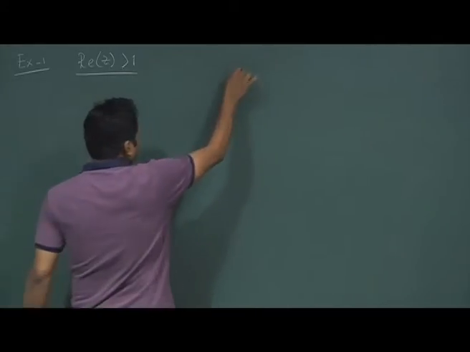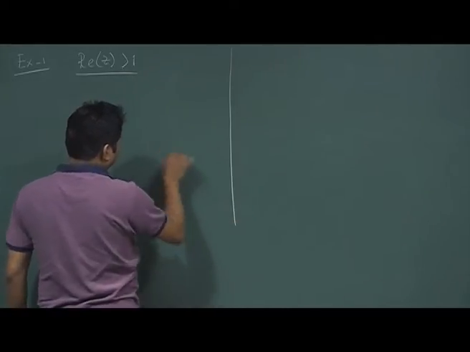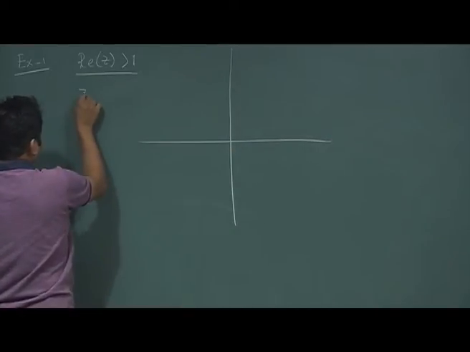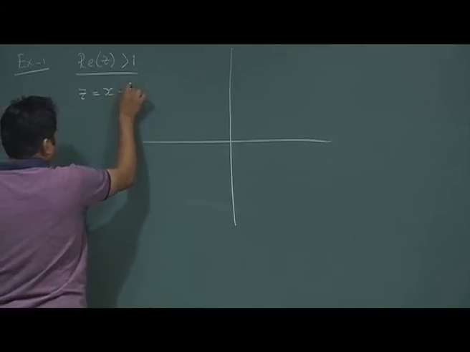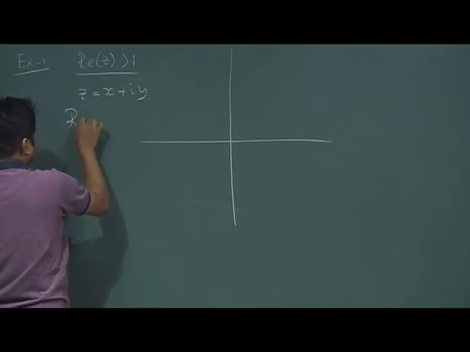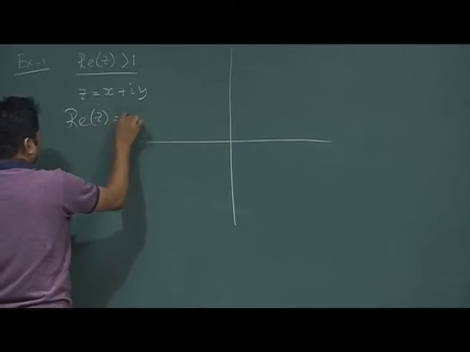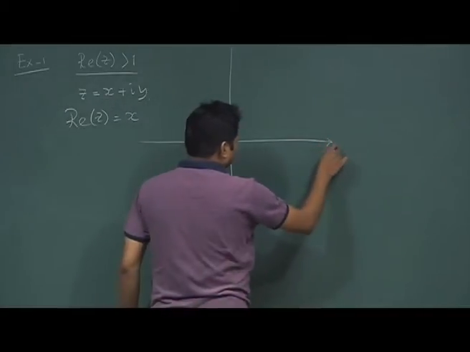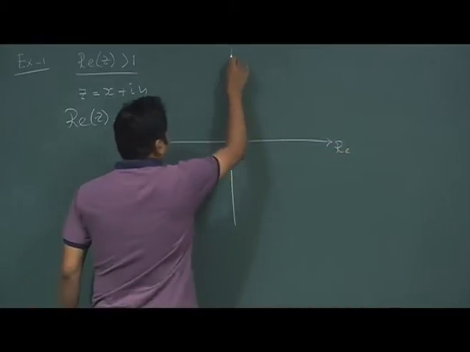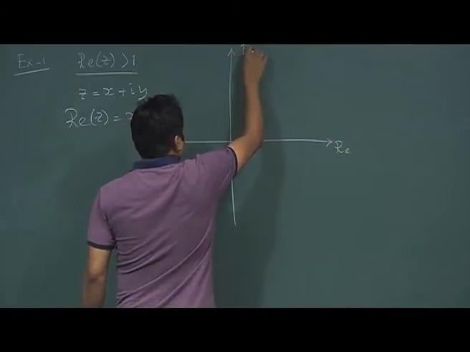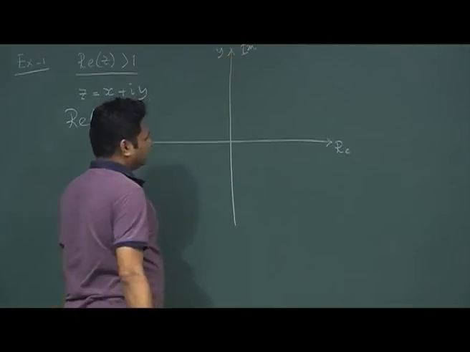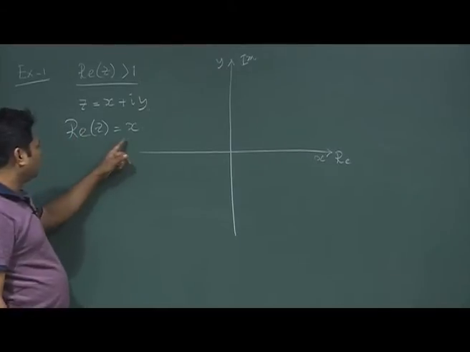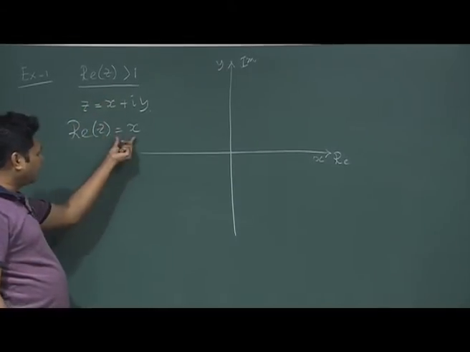It is quite easy. This is my complex plane. Real z means what? z is x plus iy. So, real z is equal to x, as simple as that. So, this is my real axis, this is my imaginary axis, I call it y, I call it x, and then I say real of z is greater than 1, that means x is greater than 1.